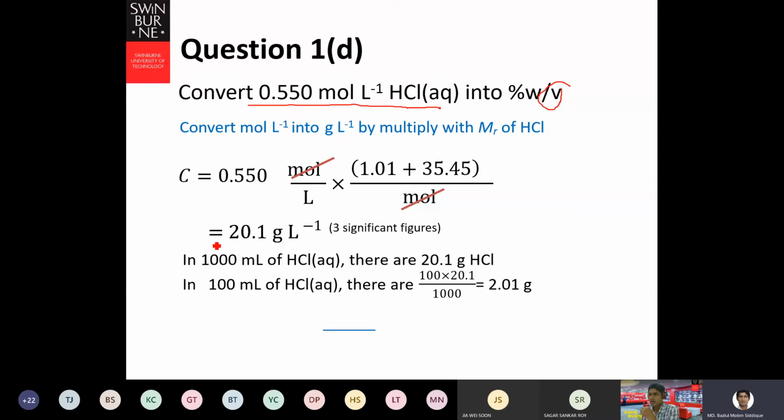If in 1000 milliliter there is 20.1 gram, then in 100 milliliter how many gram will it be? So that in 100 milliliter, it will be 2.1 gram or 2.1% of the solution.